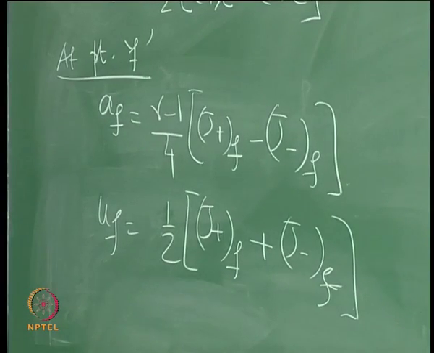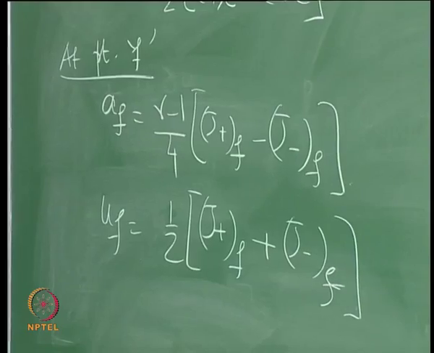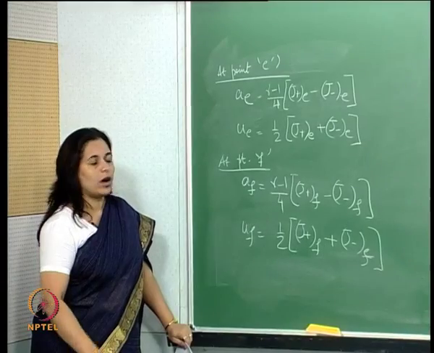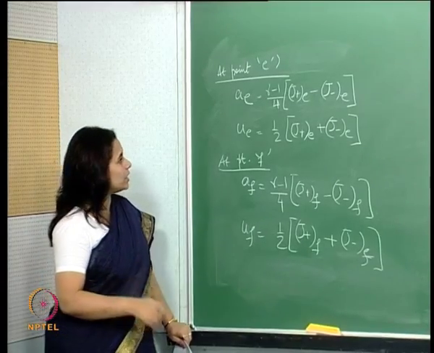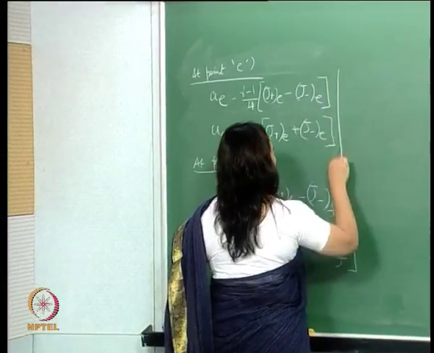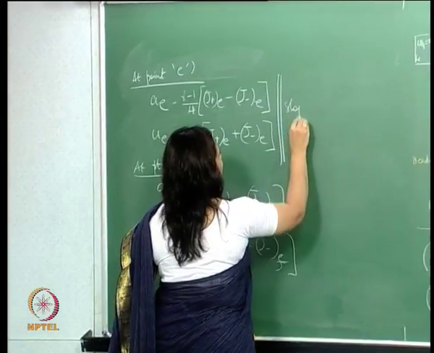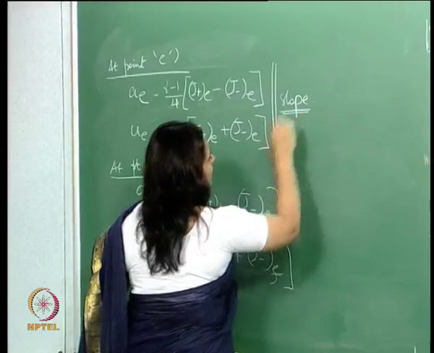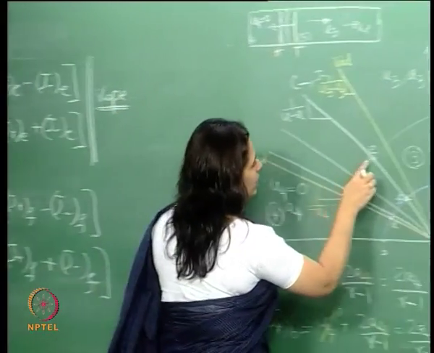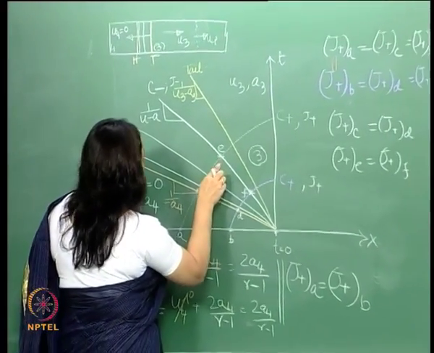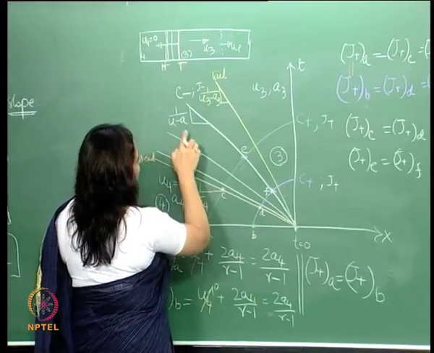Okay. So now what is the slope? What is the slope of the characteristic at the point E? What is the slope here at the point E on the C minus characteristic? It is this, right?